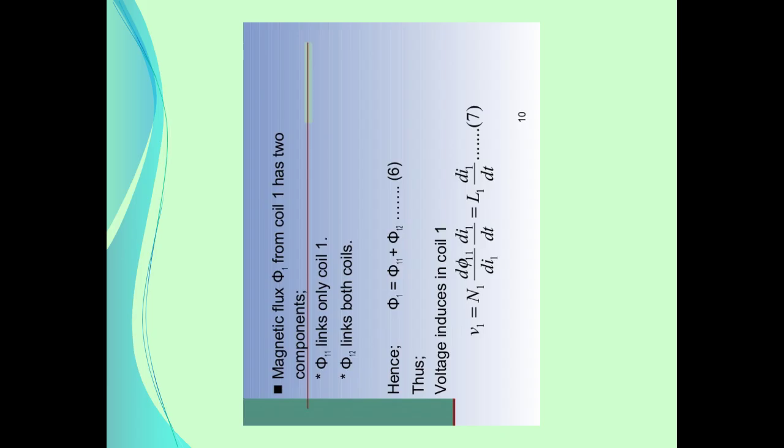So the magnetic flux phi1 from coil 1 has two components. One is phi11, which links only coil 1, and phi12, which links both the coils. Hence phi1 is equal to phi11 plus phi12, equation number 6.